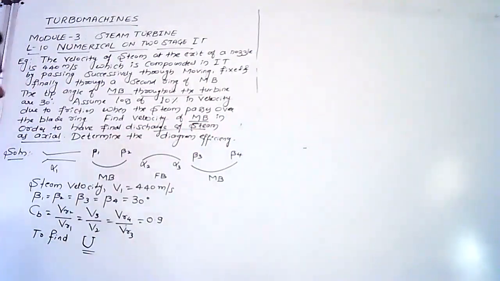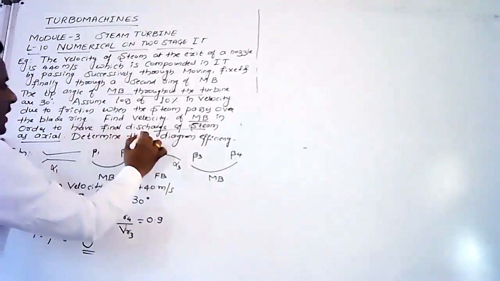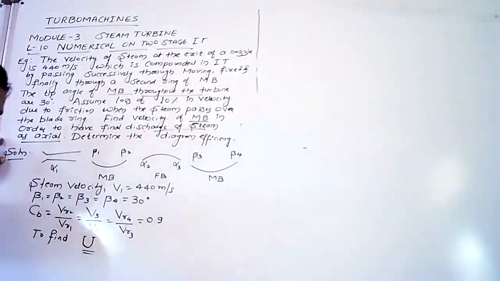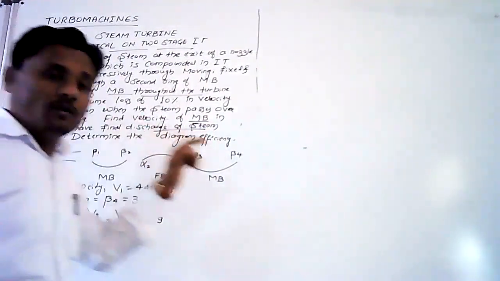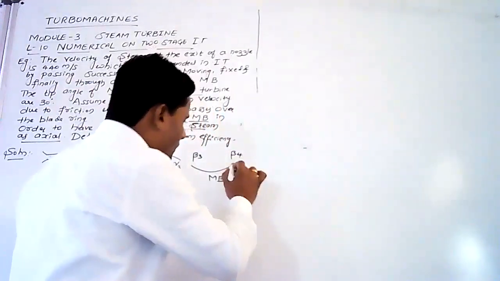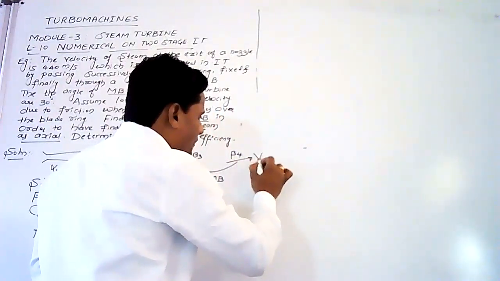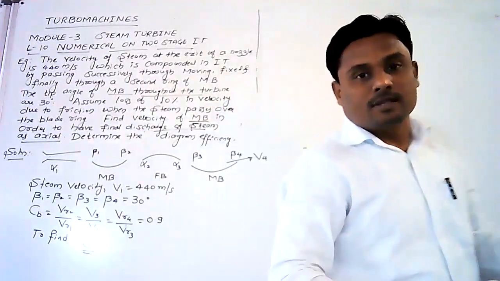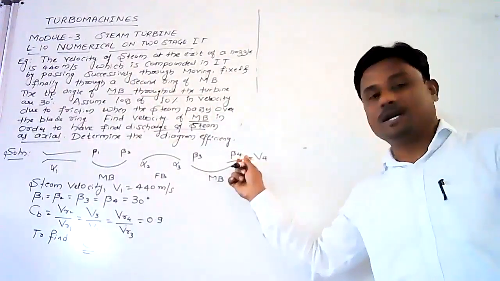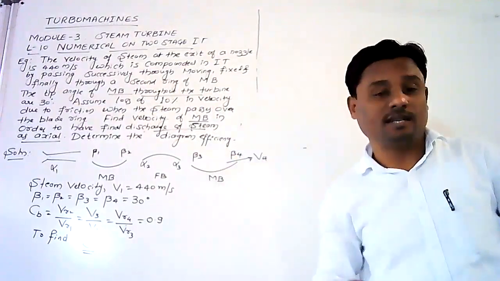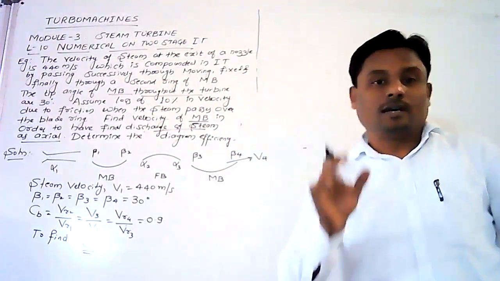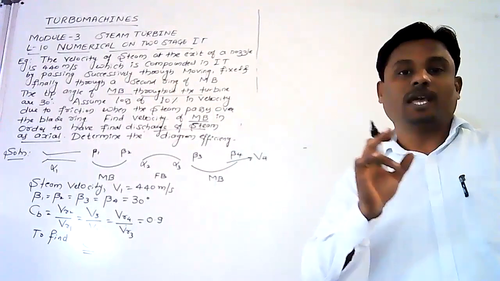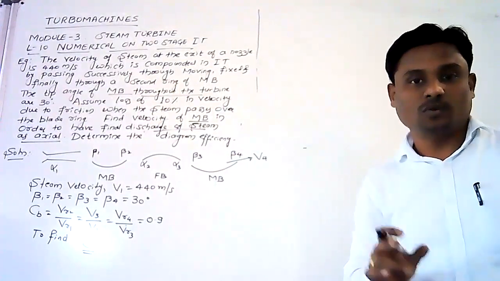The condition is that in order to have final discharge of steam as axial, the steam leaves the last row of moving blade with the velocity V4. It is axial. Axial in the sense it is equal to Vf4.